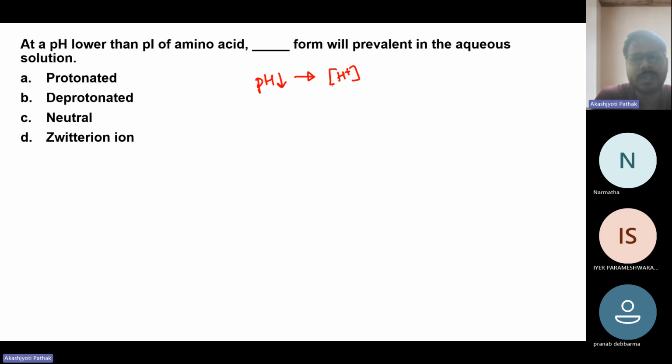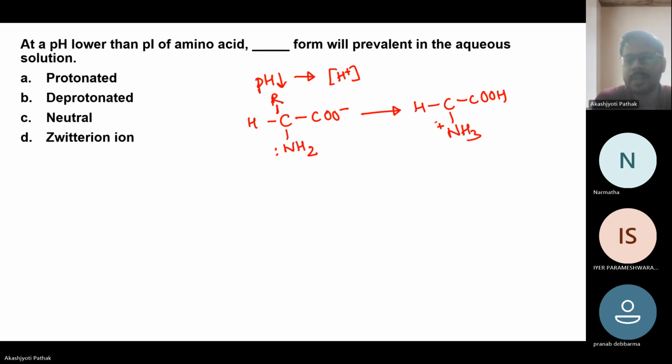So when there are free protons in the solution, and since this amino acid has both this carboxyl group and NH3+ or NH2 group, it will accept these protons and get protonated. This COO- also gets protonated, and this NH2, because it has a lone pair, also accepts a proton and gets converted into NH3+. So always remember that at pH less than the pI, my amino acid will be positively charged.